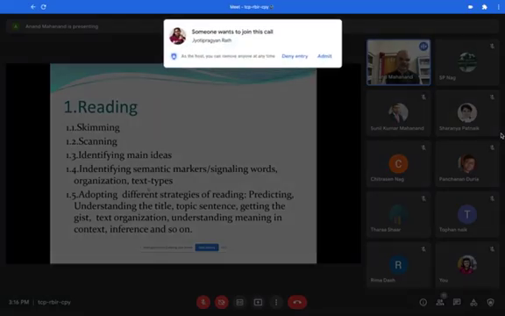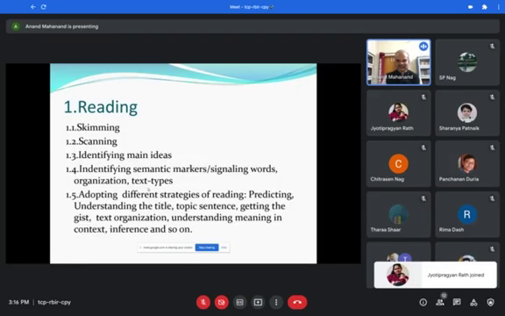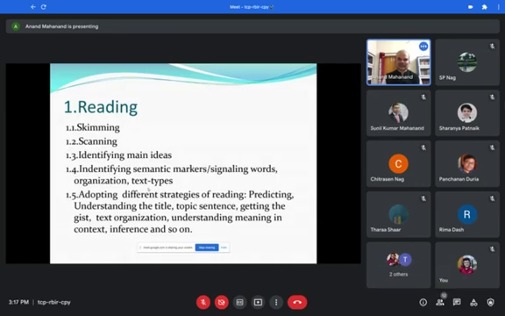Then you have to adopt different strategies of reading, like predicting. Before you read a text, you ask yourself, what am I going to read? Ask yourself, what will be the meaning of this topic, of the title?